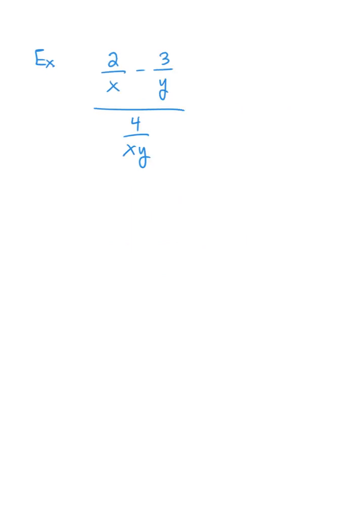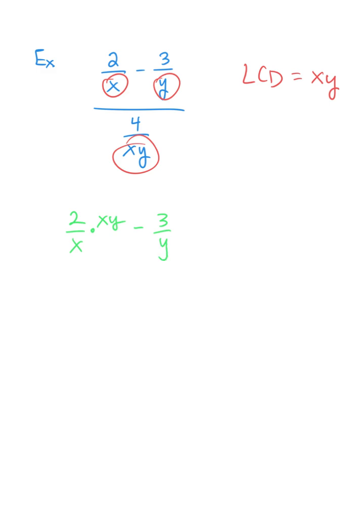All right, so just more going on with this, but kind of similar to the other one. When we're talking about LCD, you look at this. My LCD equals XY. So I'm going to rearrange things like I have been. So 2 over X times XY minus 3 over Y times XY, all over 4 over XY times XY.